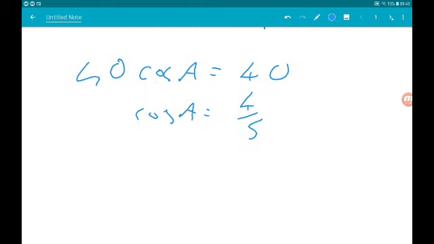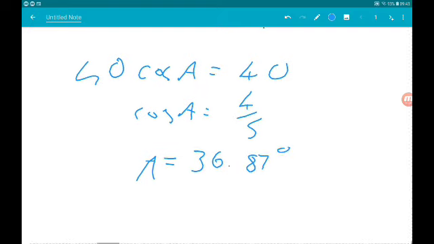Now inverse cos 4/5, and we will get, bear with me, we get 36.87. So A is 36.87 degrees.